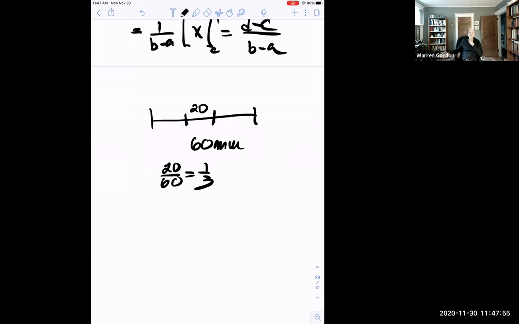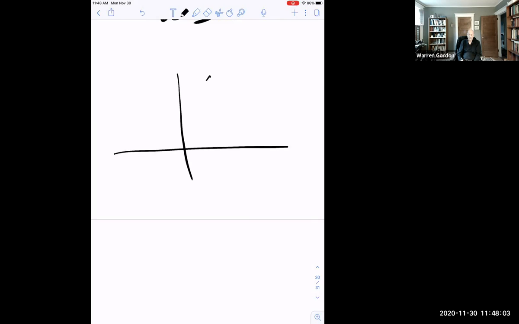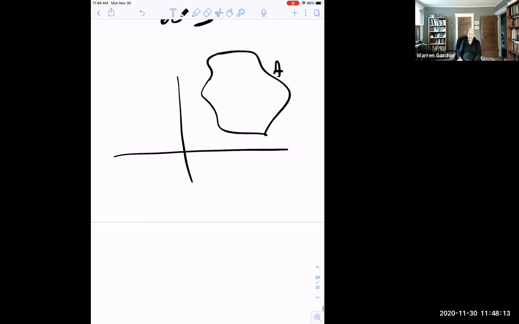So this is a one-dimensional problem. But now let me look at some geometry. Suppose we're in 2 dimensions, and we have some region in space of area A, and every single point in this region is just as likely as any other.